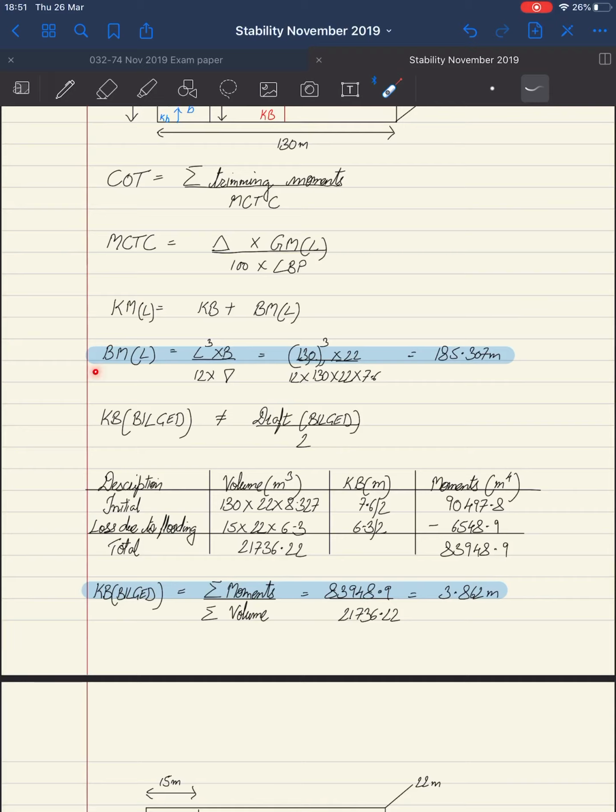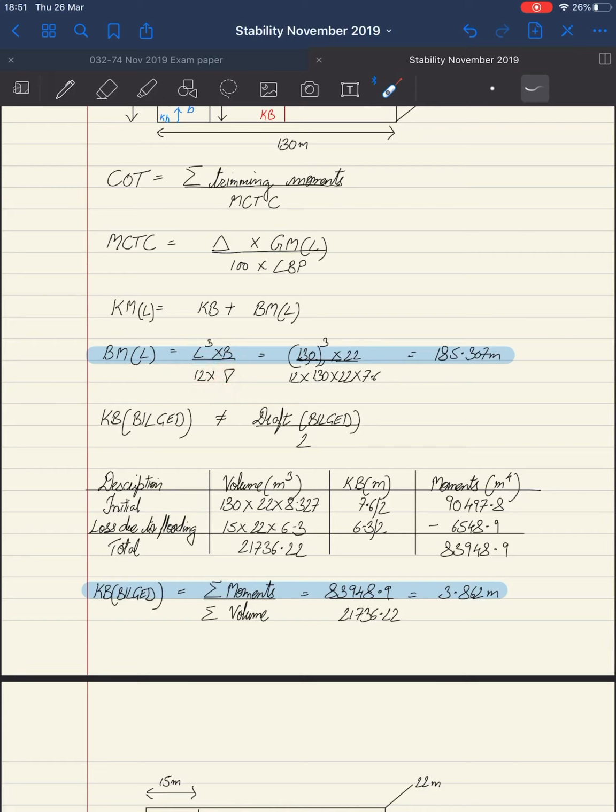We know that BM longitudinal for a box-shaped vessel, I again emphasize, for a box-shaped vessel, is equal to length cubed multiplied by breadth divided by 12 and divided by volume.